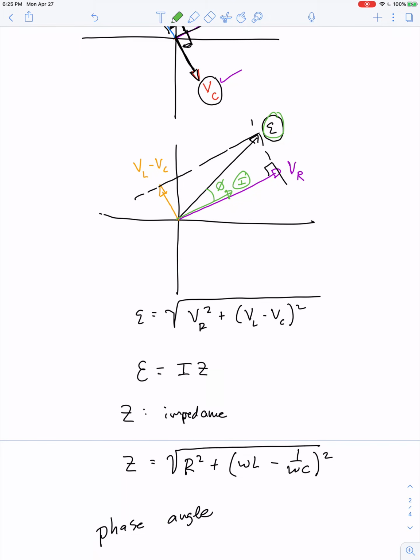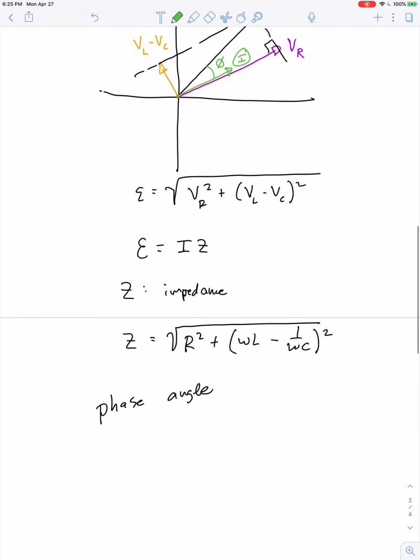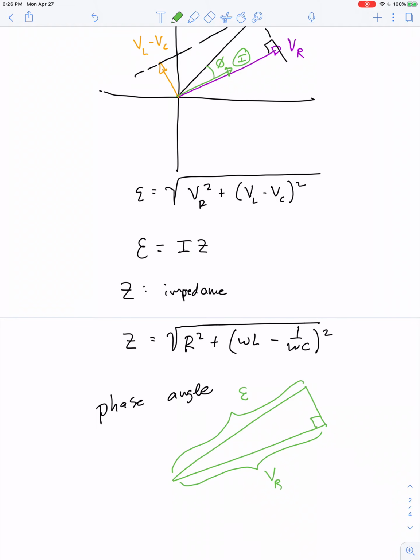Well, we just have a right triangle here. This side of the right triangle is the voltage across the resistor. This side, the hypotenuse, is the EMF, and this side is the difference between the voltage across the inductor and the voltage across the capacitor.